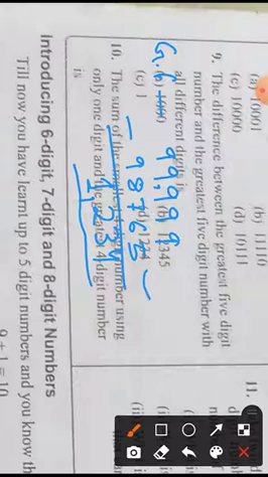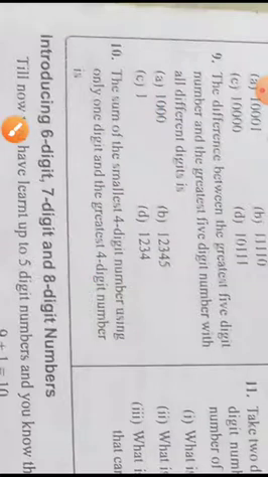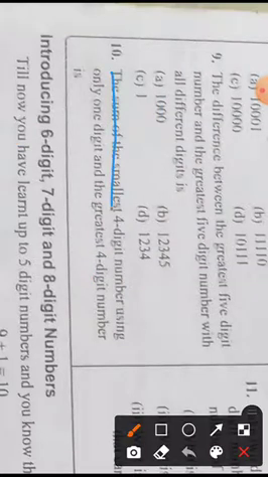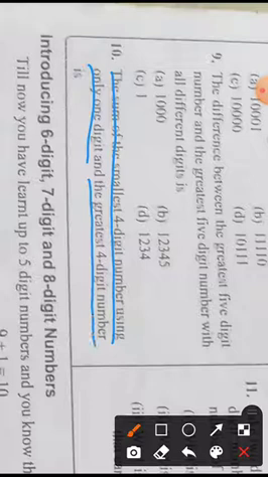Okay, so let us see question number 10. In question number 10, the sum of the smallest 4-digit number using only one digit and the greatest 4-digit number is. So we have to add the greatest 4-digit number with the smallest 4-digit number using only one digit.